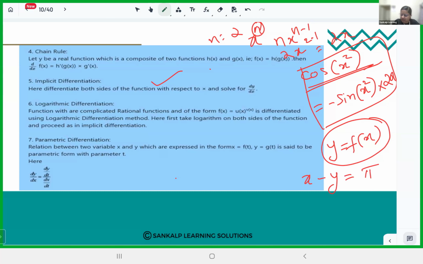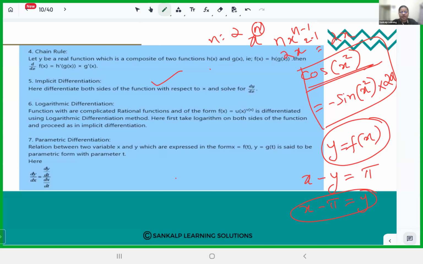If I take this y to the other side, it becomes x minus pi equal to y. So y equal to x minus pi, which means y can be represented as some function of x. These types of functions are known as explicit functions. We can write it as y equal to some function of x.